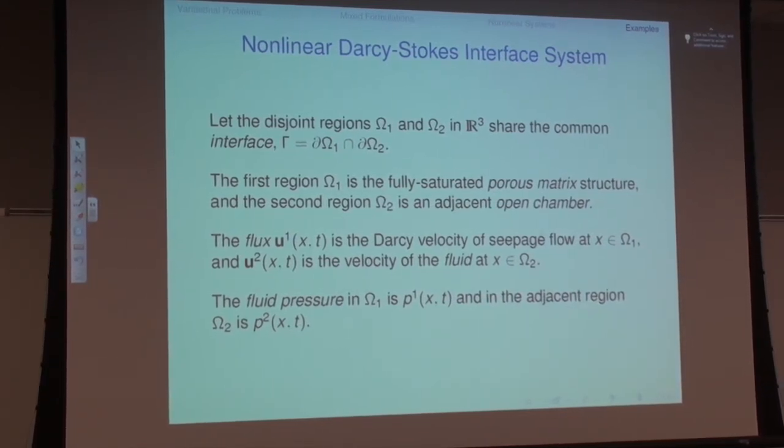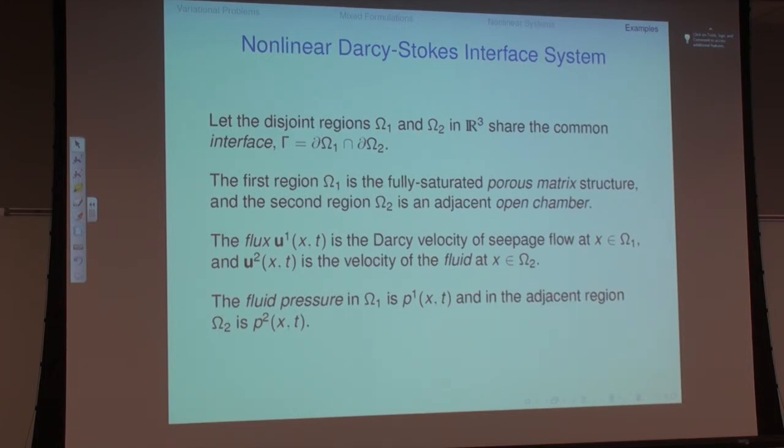I'm going to take the simplest case, not the Navier-Stokes, but the simple linearized Stokes system. So I have a free fluid on one side of an interface, and on the other side I have a porous medium. And they're coupled along that interface. And actually, I could solve either problem by itself in lots of different ways. Now the challenge here is to do it as a combined system, to do it all as one.